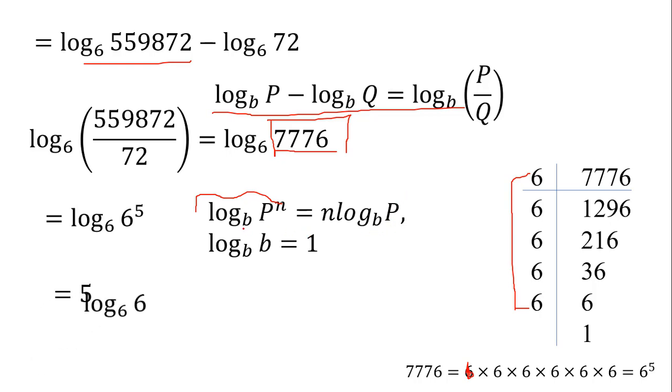That would give me 5 times the logarithm of 6 to base 6. Now, there's another rule that says the logarithm of b to base b equals 1. Then if I apply that same rule here, the logarithm of 6 to base 6 equals 1. So it means 5 times 1, and 5 times 1 equals 5.